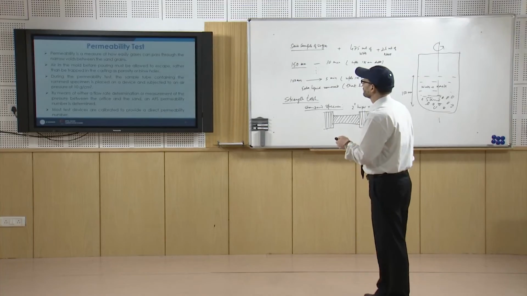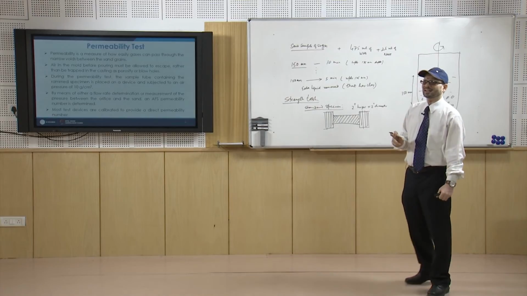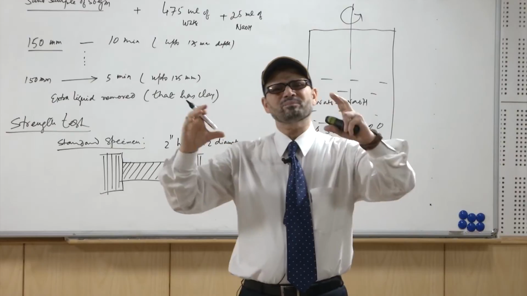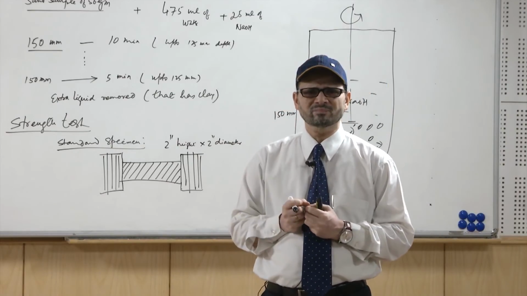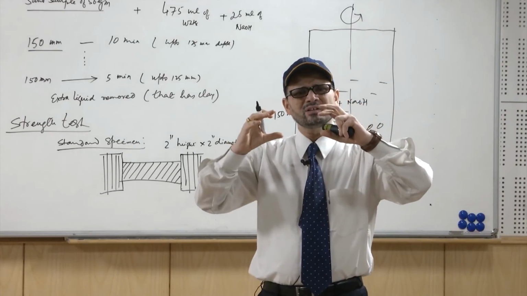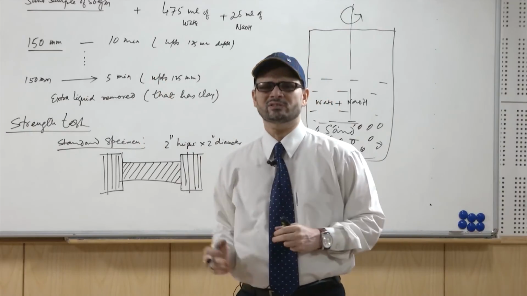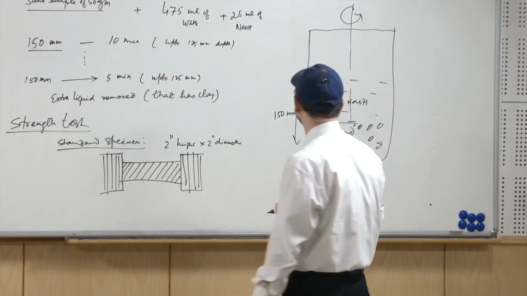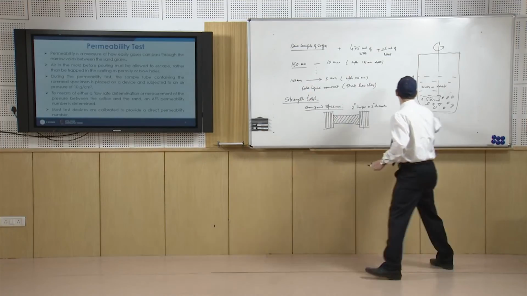So, what you do here is, the permeability test is basically done using an apparatus wherein, through the specimen, the air is allowed to pass at certain pressure, and the time is recorded, in how much time it is passing through it. So, a number is basically defined, and that number is known as the permeability number.